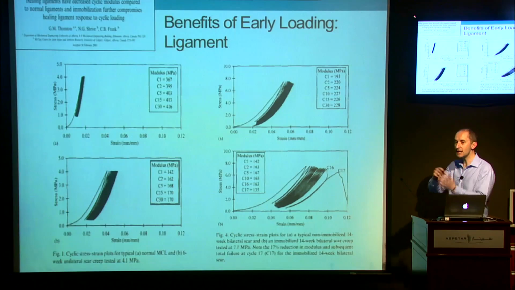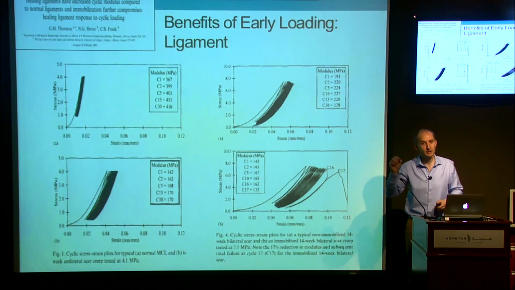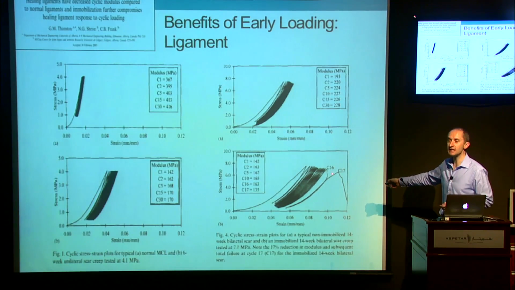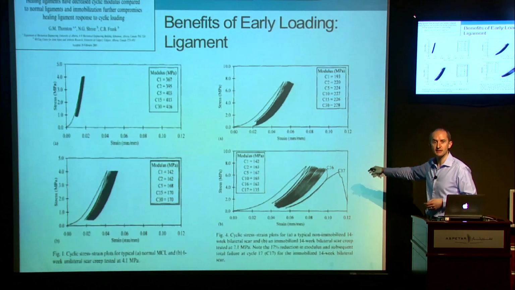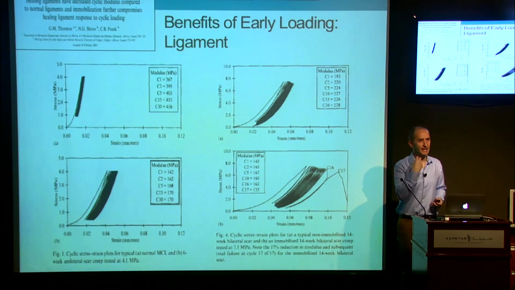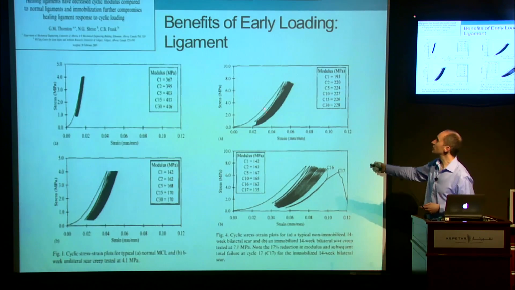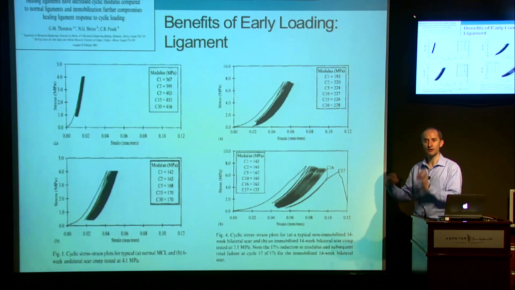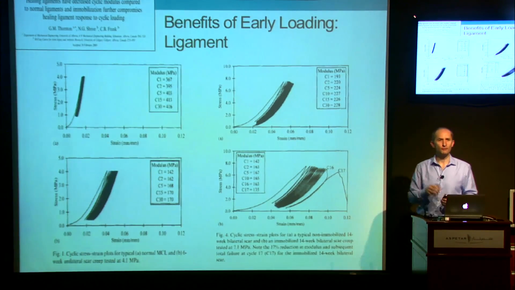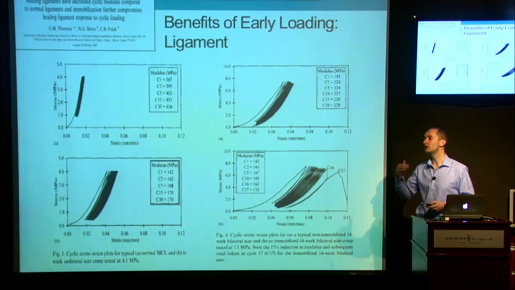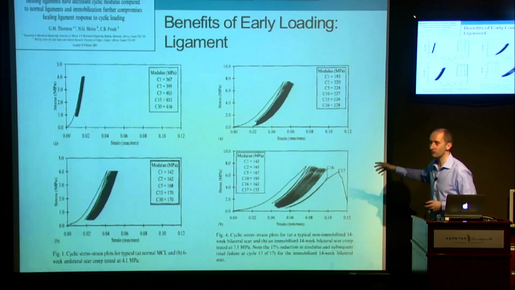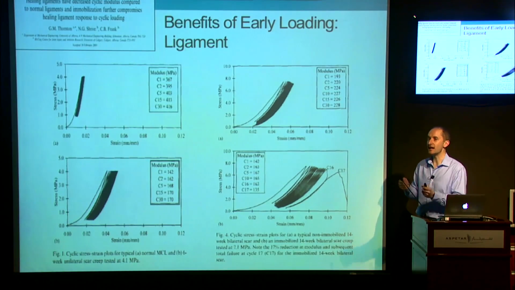For the same amount of submaximal cyclical loading, very important, we see that after only 17 repetitions in the immobilized ligament, we see complete rupture. So I think what that tells us is that getting moving earlier increases the mechanical properties and strength of the ligamentous tissue. It also tells us that following immobilization, even cyclical submaximal loading can have a profound effect on the integrity of the system.